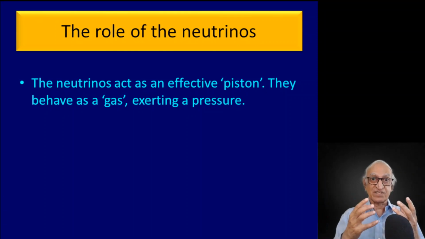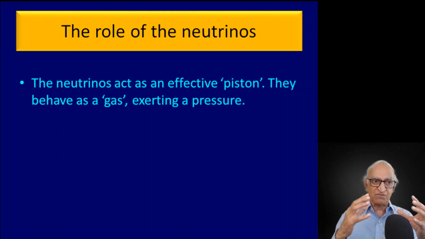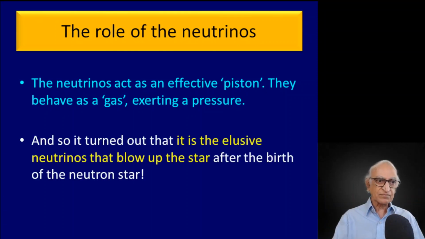But if the cross-section is very large and the mean free path is very small, then just as photons do in a star, neutrinos will act as an effective piston. They behave like a gas exerting pressure. And so it turned out that it is the elusive neutrinos that actually blow up the star after the birth of the neutron star.